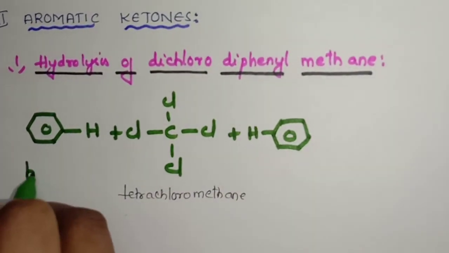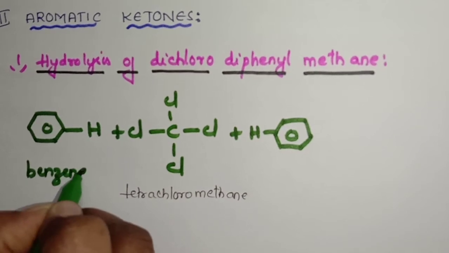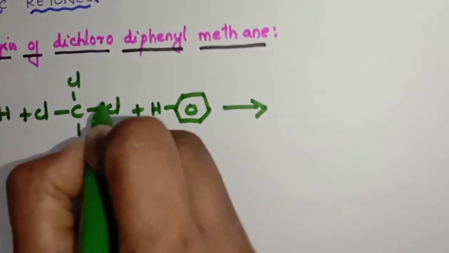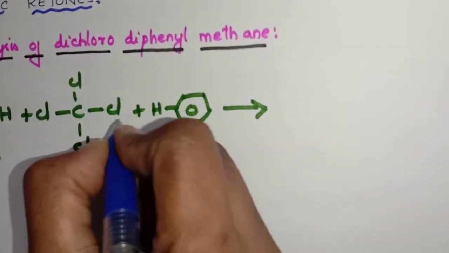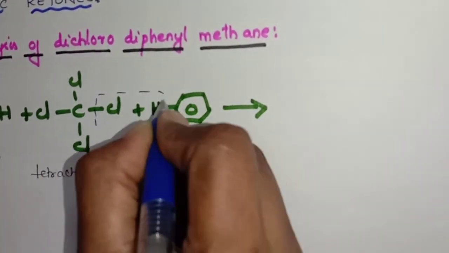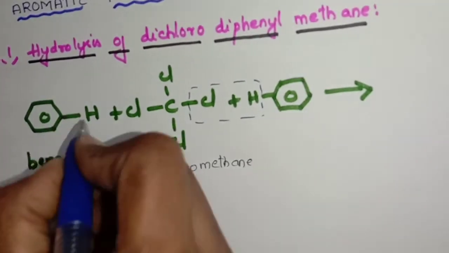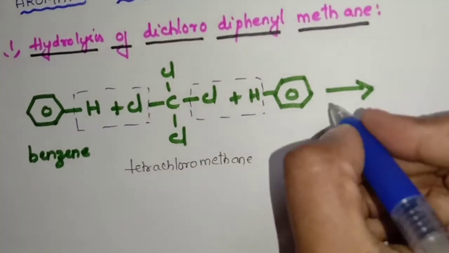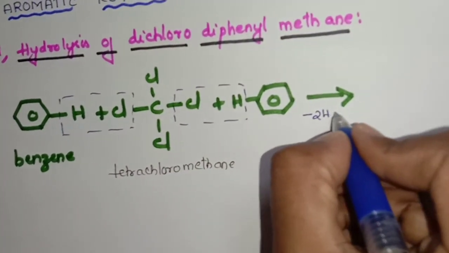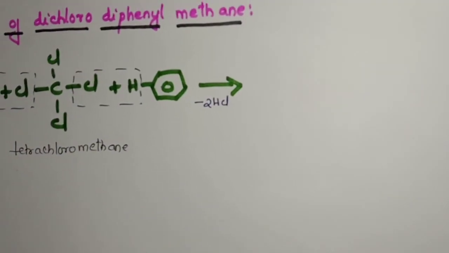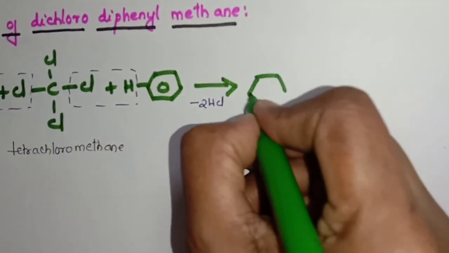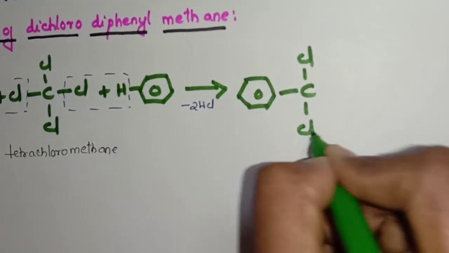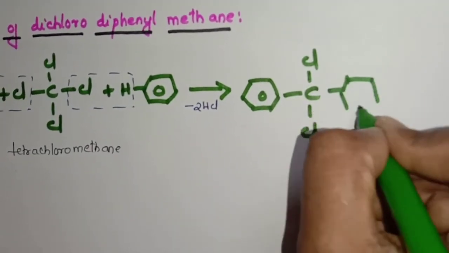Benzene, two molecules, plus tetrachloromethane. What happens? Two HCl molecules come out as minus 2 HCl. So what remains? C6H5 CCl2 C6H5.